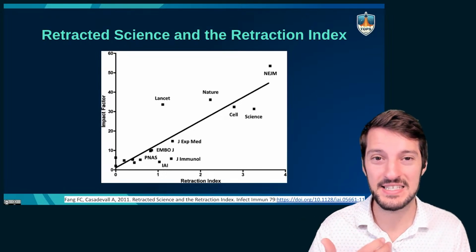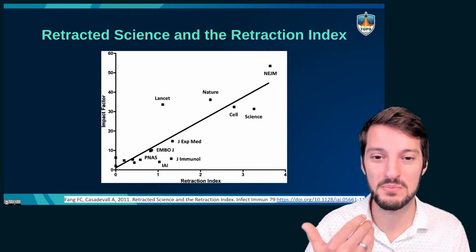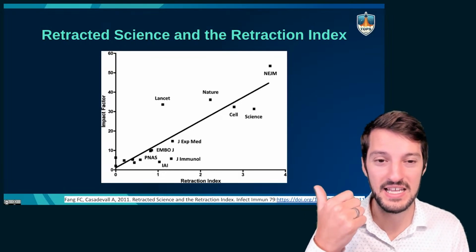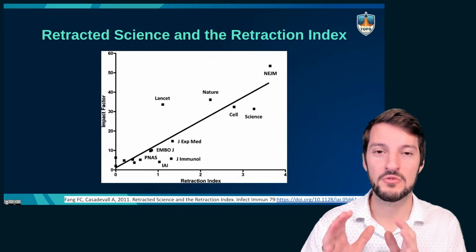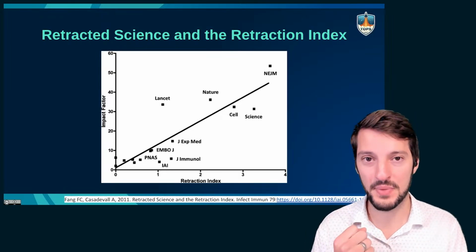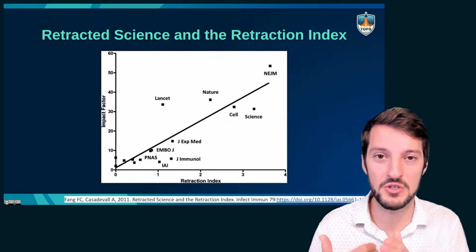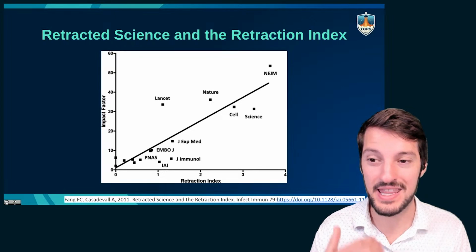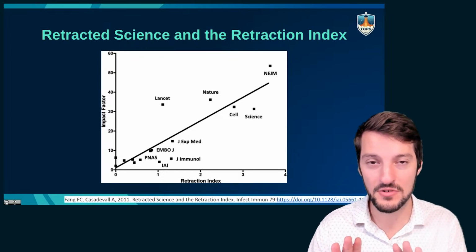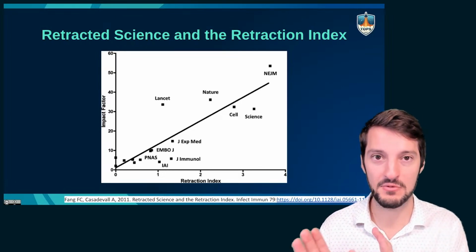And this leads us to a high selection bias, where these high impact journals, sure, they publish things that are really cool, but researchers are bending over backwards. They're doing things they wouldn't normally do in order to be able to publish in these types of journals. And that is one possible explanation for the high retraction index.